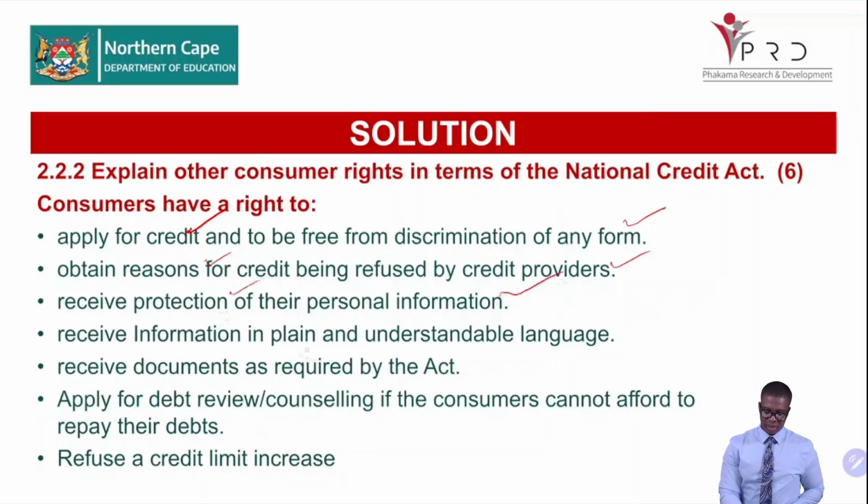Also, consumers have the right to receive information in plain and understandable language, and they also have the right to receive documents as required by the Act. And also, consumers have the right to apply for debt review or debt cancelling if they cannot afford to repay their debts. Also applicable as a consumer right according to the National Credit Act is that consumers have the right to refuse a credit limit increase.